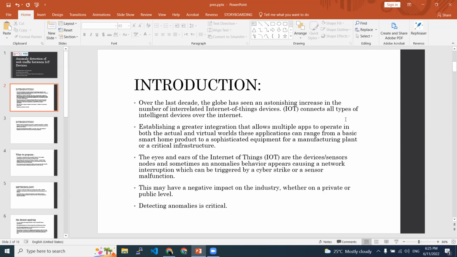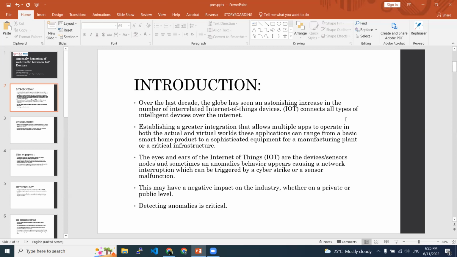These applications can range from a basic smart home product to sophisticated equipment for manufacturing plants or critical infrastructure.